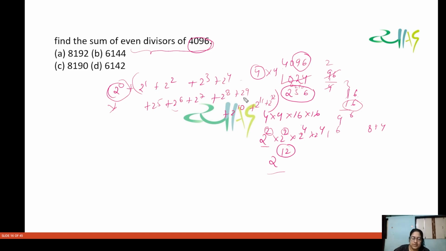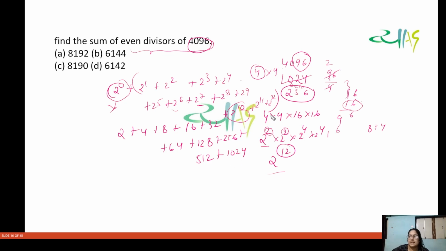Okay, now you can obviously calculate. This becomes 2, 4, 8, 16, 32. All right, plus 64 plus 128. Okay, till here this is 128, and then this becomes 256. Then this becomes 512, then 1024.